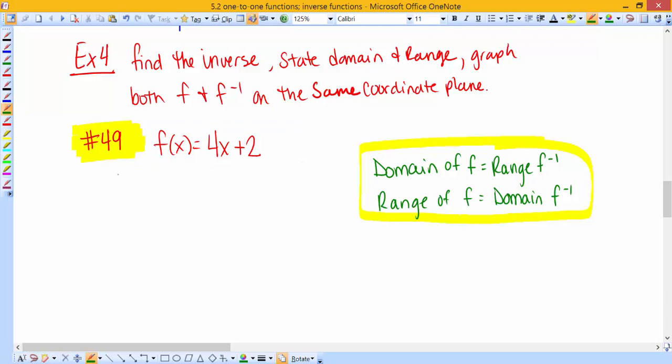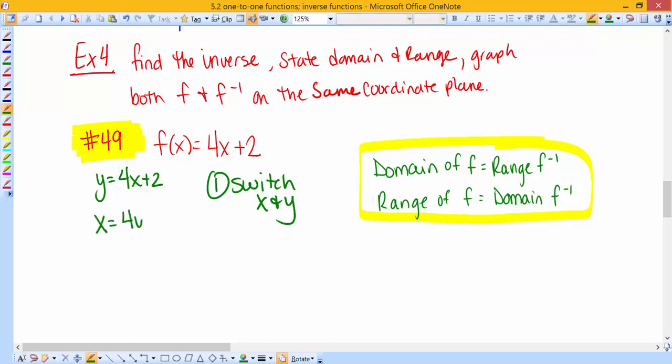So to find the inverse, this is y equals 4x plus 2. The first thing I'm going to do is I'm going to switch x and y. So x equals 4y plus 2. The second thing I'm going to do is I now have to solve for y.